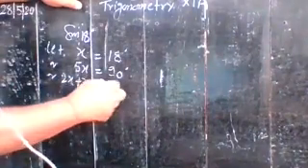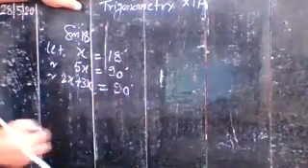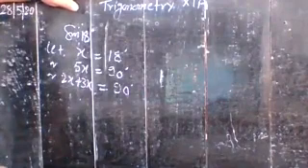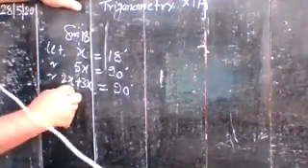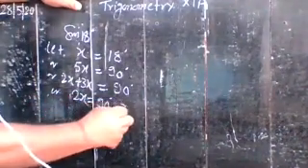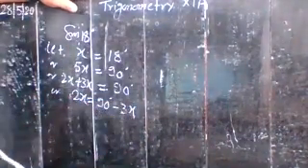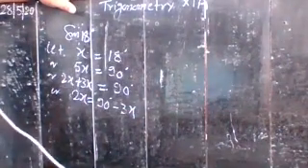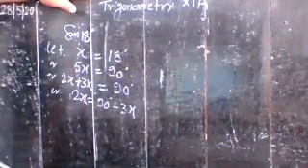So 2x plus 3x is equal to 90 degree. You can write in this way, or you can write 2x is equal to 90 degree minus 3x.